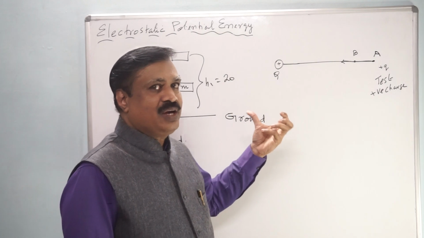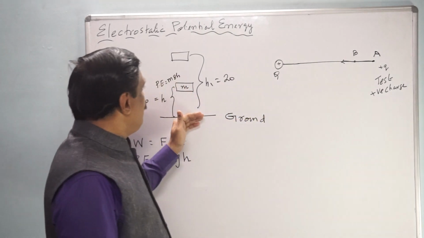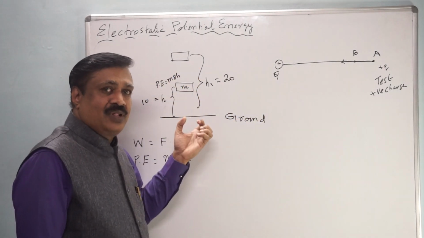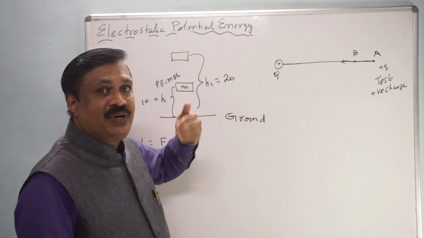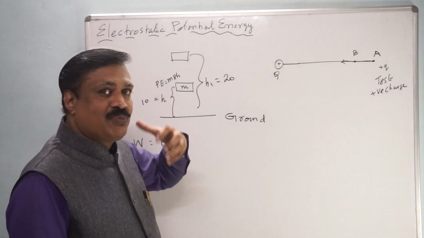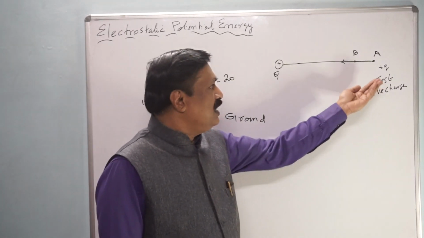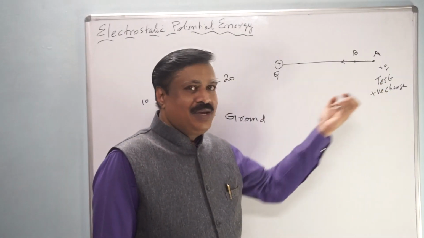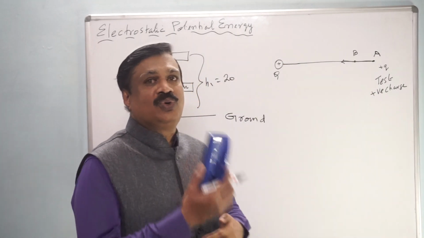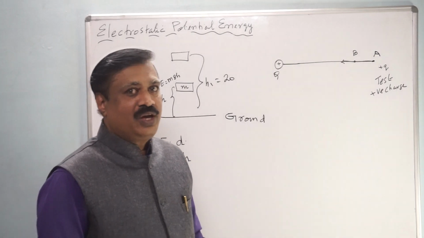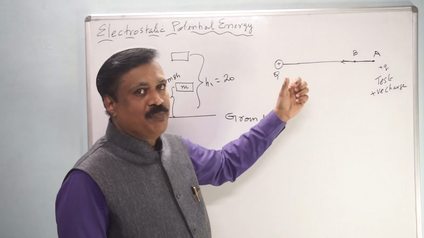Whereas in the mechanics case the object is attracted, therefore you are taking it away. Here, therefore, you have to give some amount of work, some amount of energy. Here it is repelling, so while bringing the charge, you have to do a certain amount of work against this repulsive force.